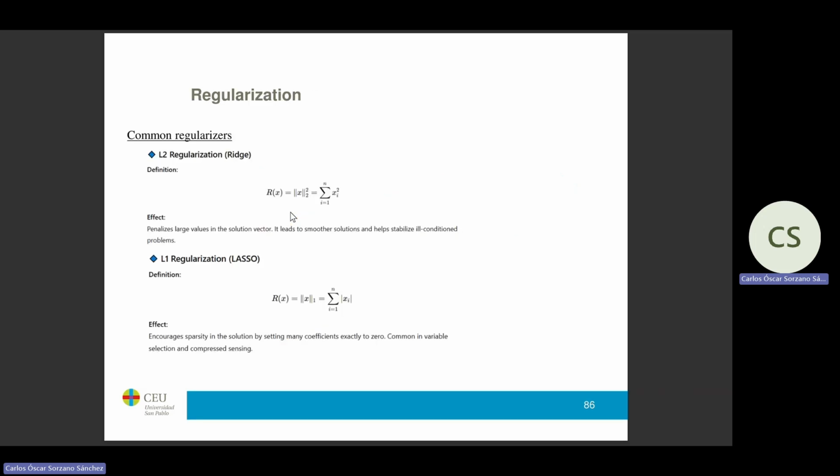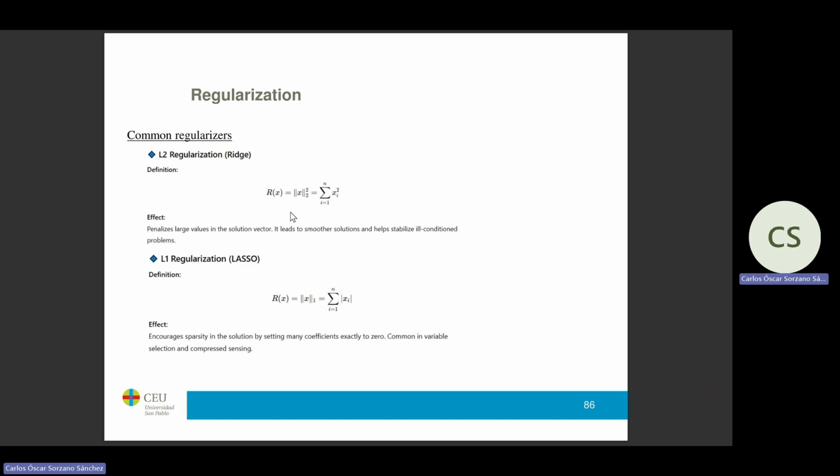So what kind of regularizers do we have? This one is one of the most common, these two actually are the two most common ones. So one is based on the Euclidean norm of the vector x. So it is just the sum of all the components squared. And then it penalizes large values in the solution vector.